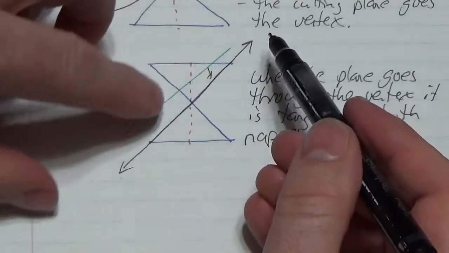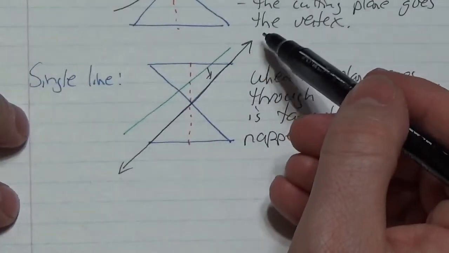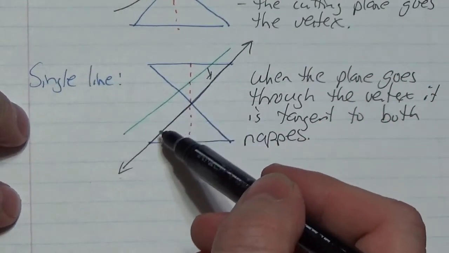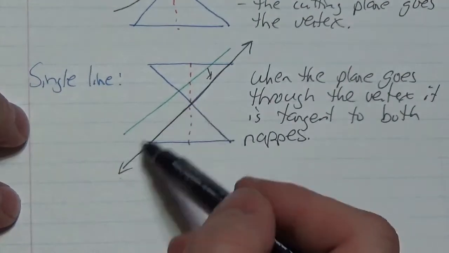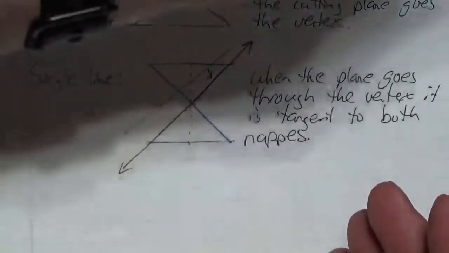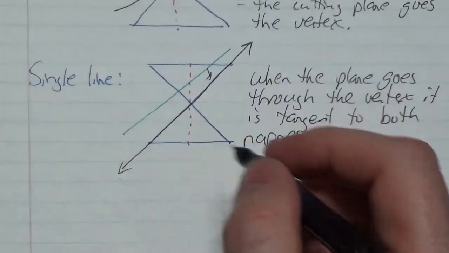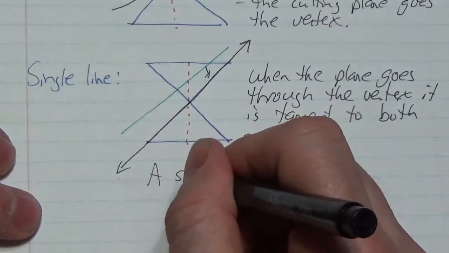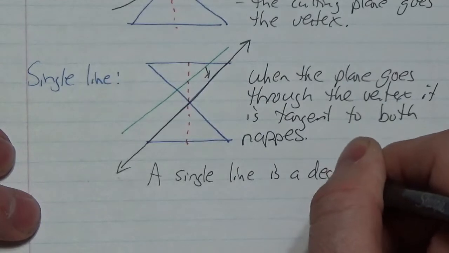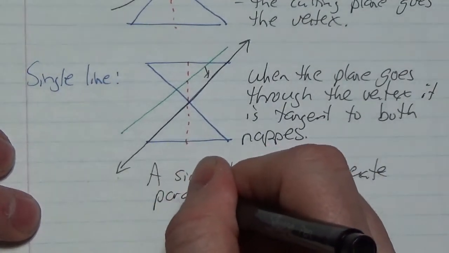So what happens here is the point of intersection between the double nap cone and that plane is just this single line that it grazes against up here, passes through the vertex, and then it grazes against the lower nap, I should say. So remember, it's this cone right here, and I'm just sliding along one and sliding through the other here. So a single line is a degenerate parabola.